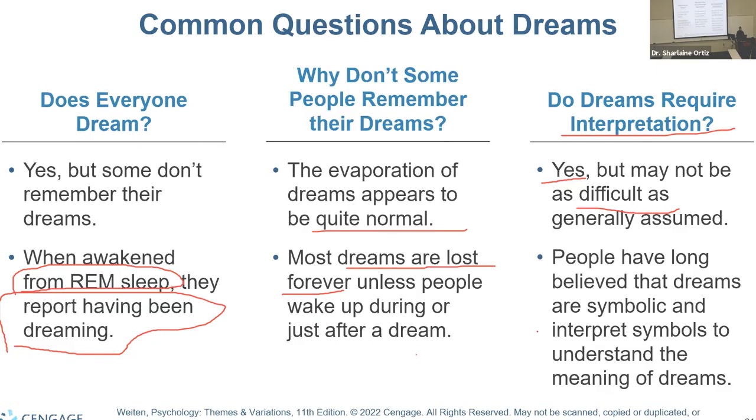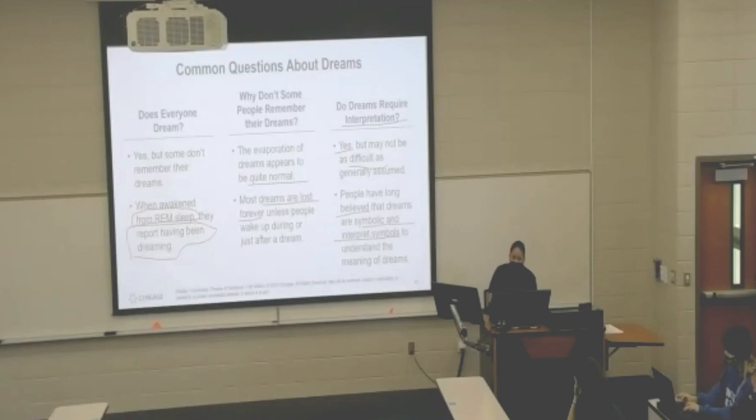Now, many individuals have believed for a very long time that dreams are symbolic, that there are symbols to be interpreted, right? So that is a very commonly held belief, that symbols in a dream tend to be what leads to interpretation.